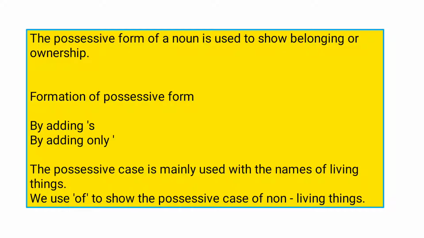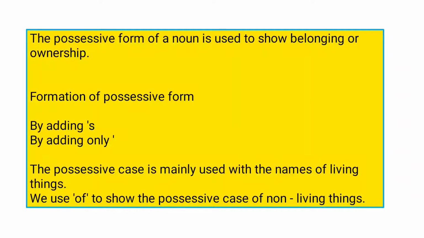The possessive form of a noun is used to show belonging or ownership. We already discussed in the previous class what is possessive form.